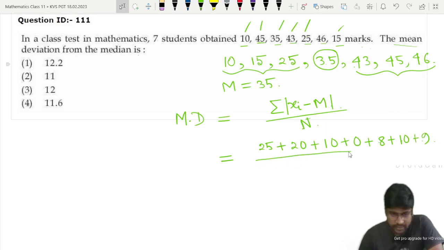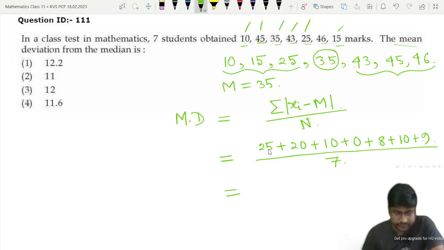This divided by the total number of observations, which is 7. Now add them: 25 plus 20 means 45, plus 10 is 55, plus 8 is 63, plus 10 is 73, and 73 plus 9 means 82. So it is 82 divided by 7.